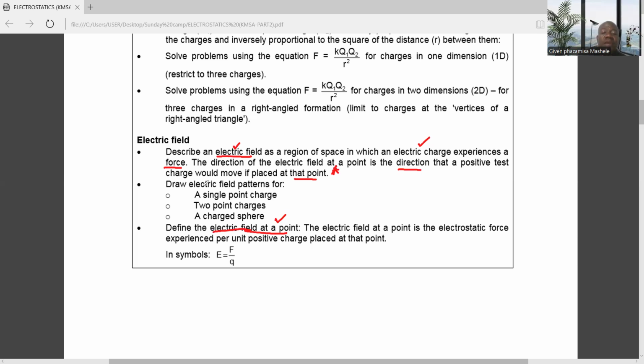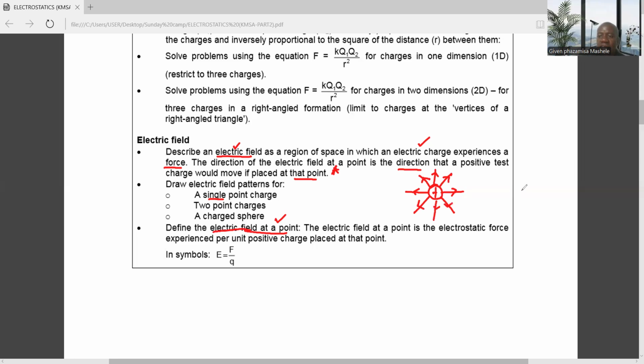Then again, you must be able to draw electric field patterns, particularly when we have a single point charge. Let's say we have a positive charge. How do we draw the electric field pattern? We know the electric field lines must not touch each other. So you will have something like this. On a positive charge, the field lines go outwards. So this is the direction of the electric field lines; they have to go outwards.